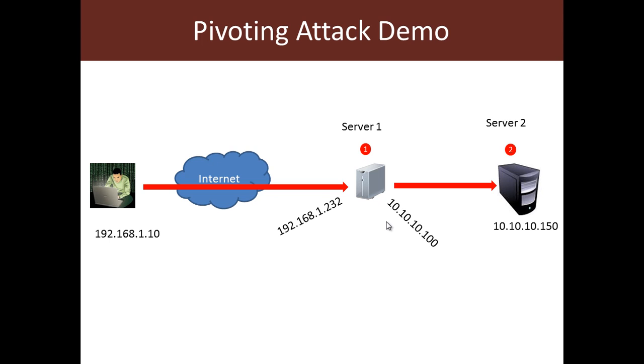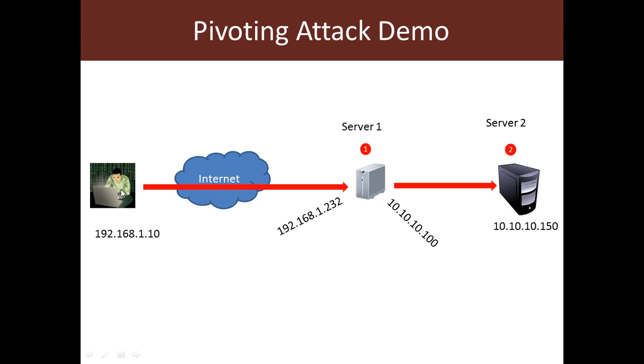Now we've taken a sample scenario in which there is server 1, which has two interfaces. One of the interfaces is internet facing and has an IP address 192.168.1.232. The other interface has an internal IP address 10.10.10.100. In that internal network, there is another server 2, with the IP address 10.10.10.150.